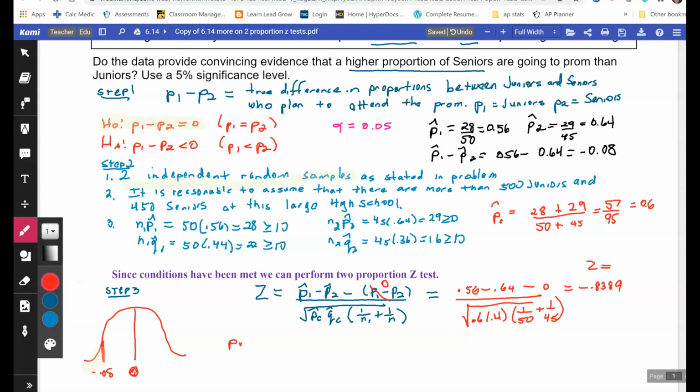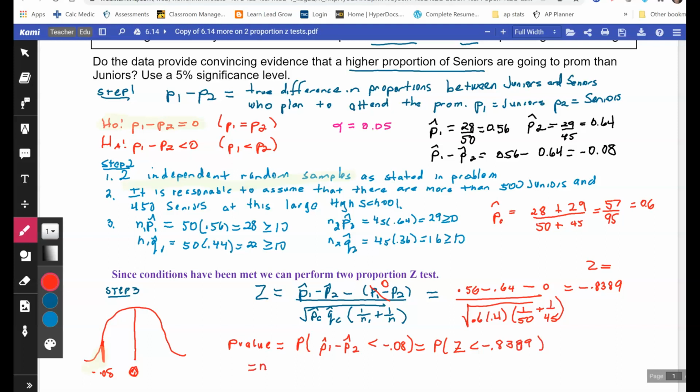And so we're going to calculate the p-value by hand. So you're looking at the probability that our test statistic, which is p1 hat minus p hat 2, is less than negative 0.08, which is the same thing as the probability that our z-statistic is less than negative 0.8389.